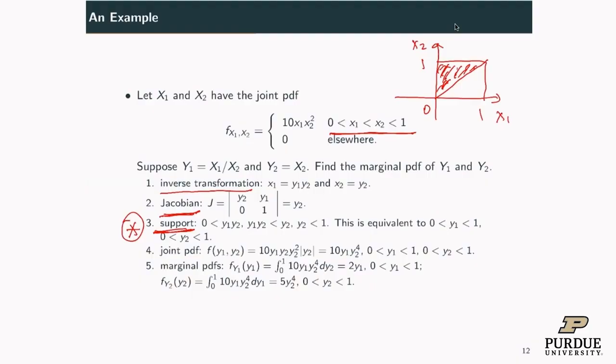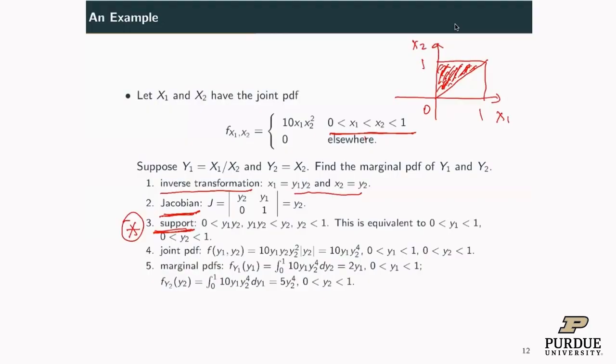So x1, x2 is inside this support. You have a transformation. Now what is the support for y1, y2? The easiest way, you just plug the inverse transformation back into the support of x1 and x2. For example, you get 0 less than y1 y2, from 0 less than x1.